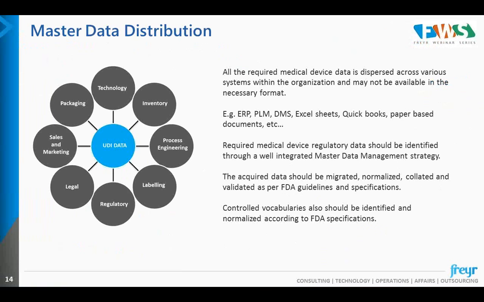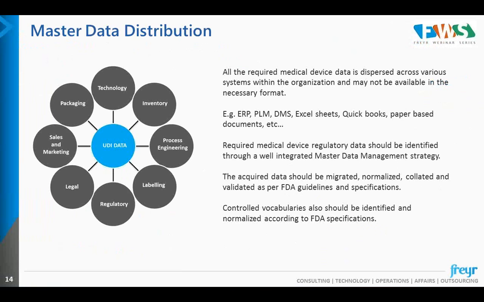Sales and marketing has a hand in the rollout or submission of that product to the market, as well as the different packaging attributes, which are critically important. So part of the challenge is that this information is typically dispersed amongst multiple departments and individuals, and that needs to be brought together in a cohesive data set for UDI submission.